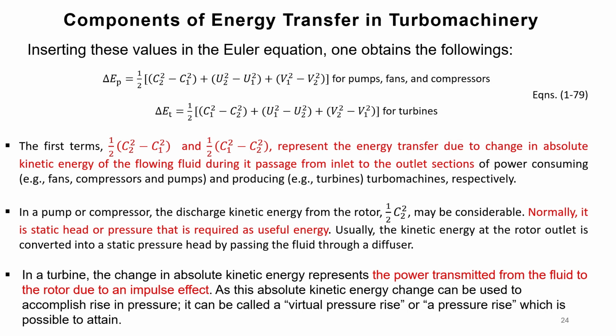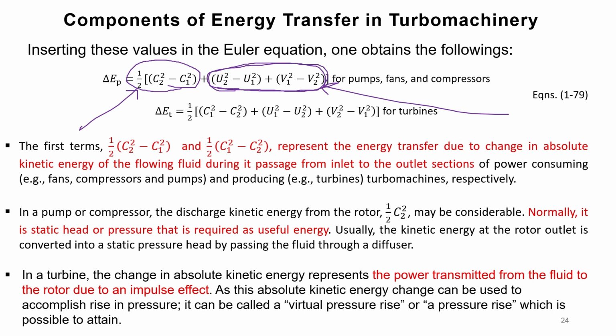For example, this guy represents absolute kinetic energy change from the inlet to the outlet of the fluid, and this represents the internal diffusion. So basically you have an external effect and you have an internal effect, so it is different. When you divide these two terms by the whole three, we get what we call degree of reaction.